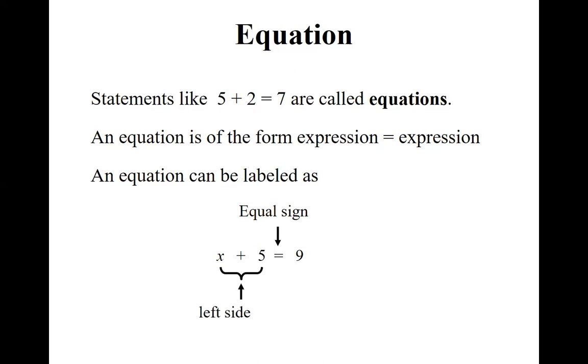So there's the equal sign, there's the left side, and there's the right side. A solution for the equation would be a value for the variable that makes the equation true.